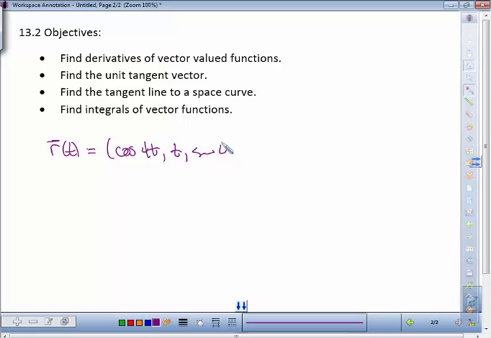And we'll use the same vector valued function that we saw last time, the helix.